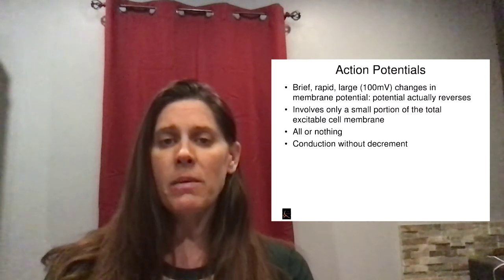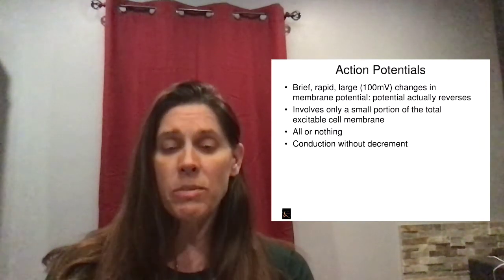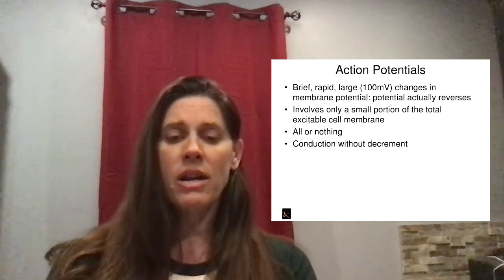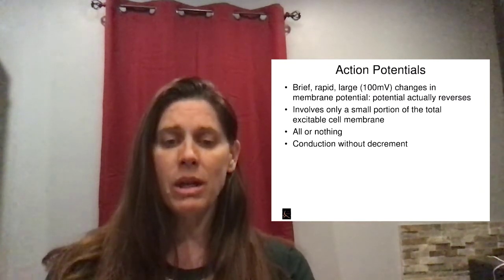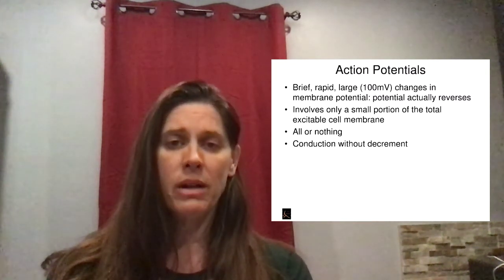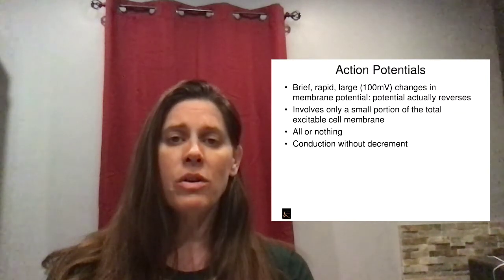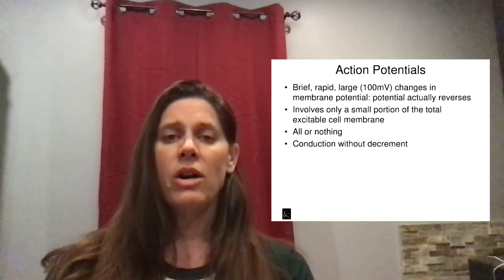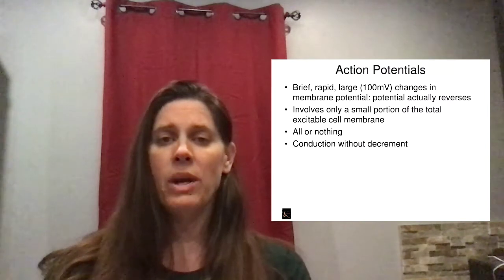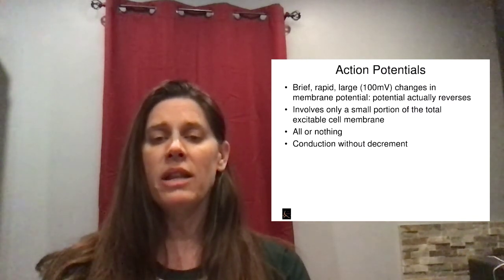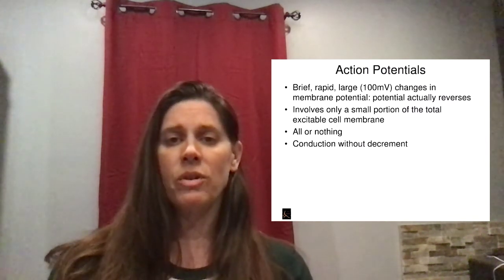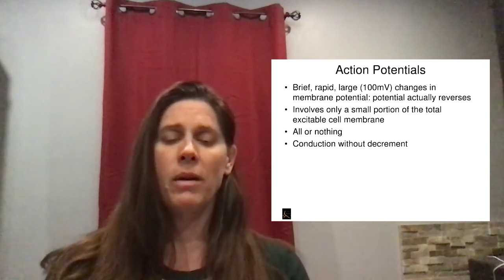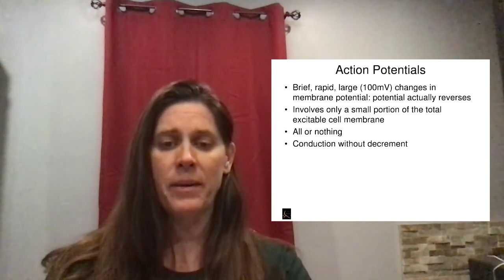And an action potential occurs in a very small segment of the cell membrane, and it's going to stimulate the adjacent segment right next to it. Again, I'll show you some pictures that indicate this.